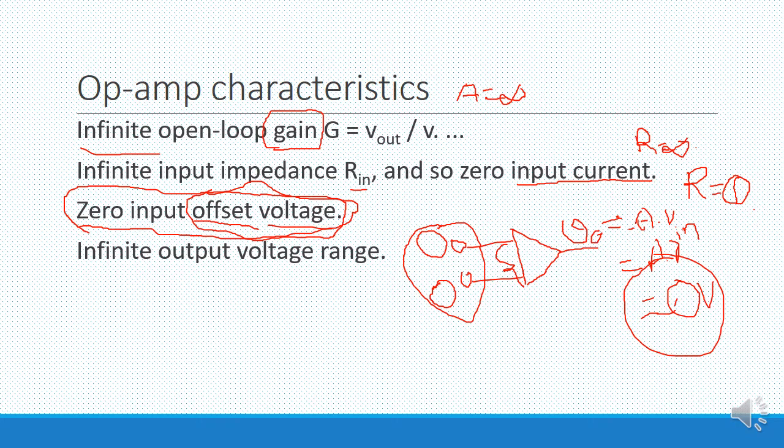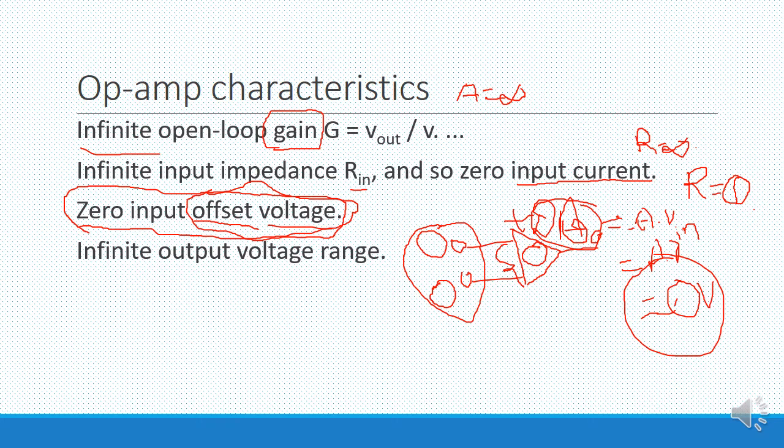Why? Because inside we have differential amplifier circuits, that too transistor biased differential amplifier circuits. When we use transistors, even in reverse bias we have some current due to minority carriers, called leakage current. When you switch on the power supply, you get minority carriers.